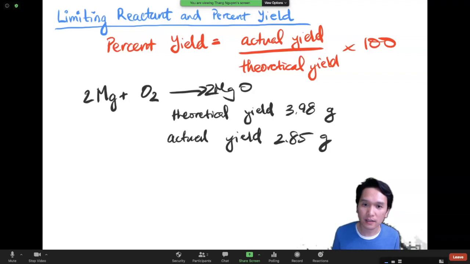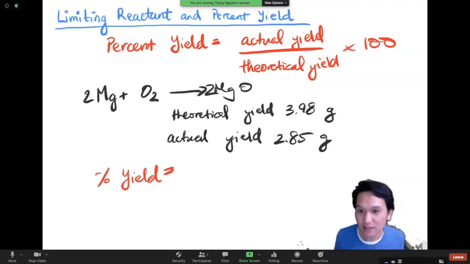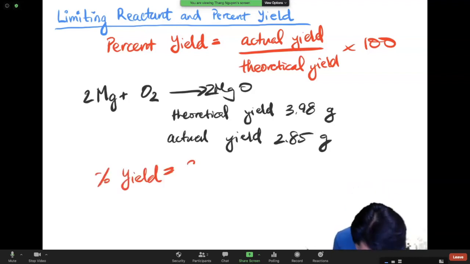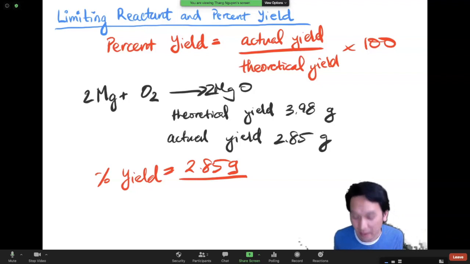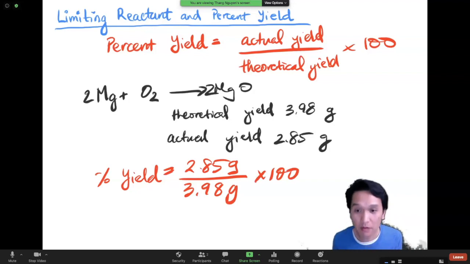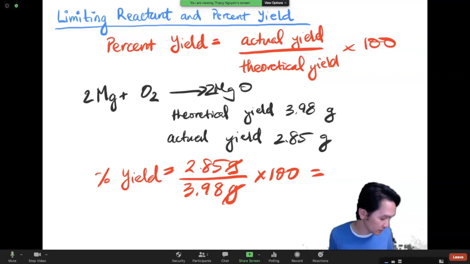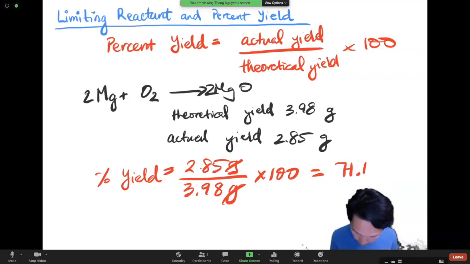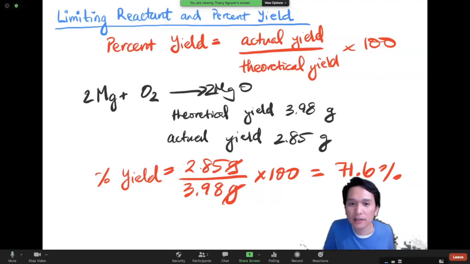The calculation would be set up as actual yield over theoretical yield times 100, which in this case is 2.85 grams divided by 3.98 grams times 100. Remember, the grams goes away, and your answer comes out to be 71.6%.